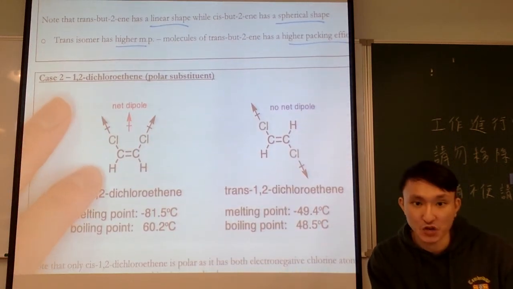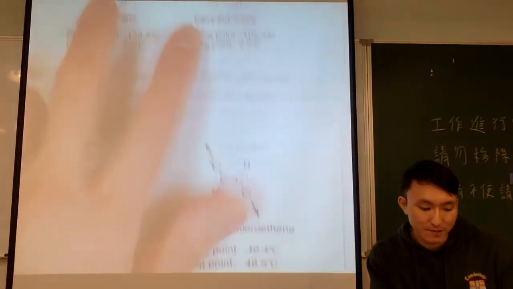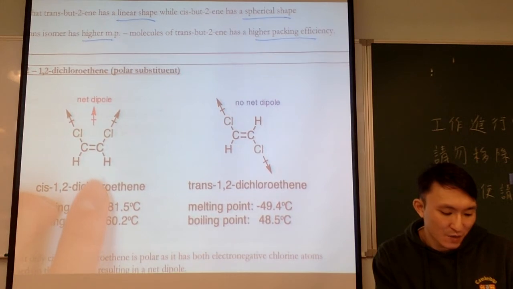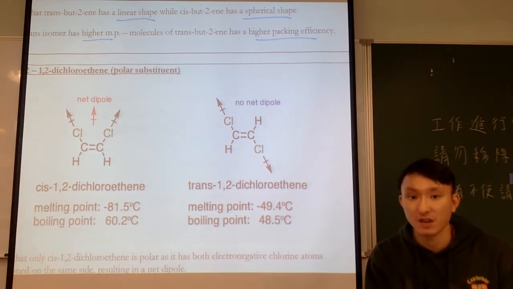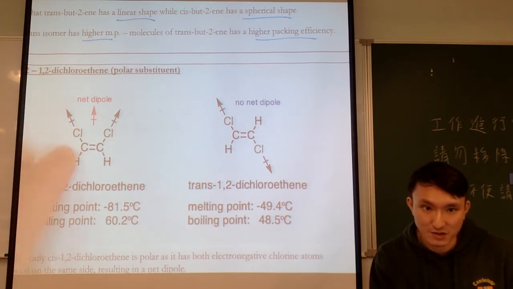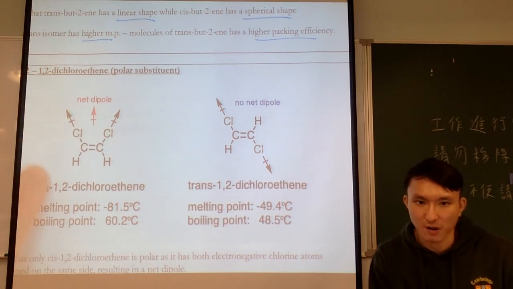Now for case 2, here we have polar substituents. You see here, these are non-polar, right? But here we have polar substituents. So in this case, we focus on the net dipole, or the polarity of the molecules. In the cis isomer, with 2 chlorine atoms pointing in the same direction, that results in a net dipole, so the molecule is polar.